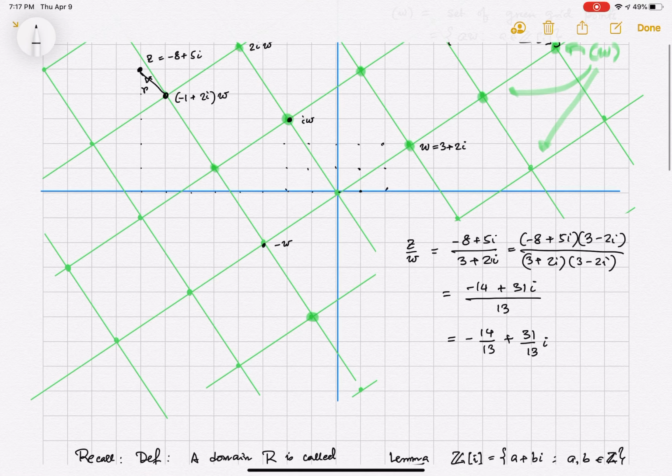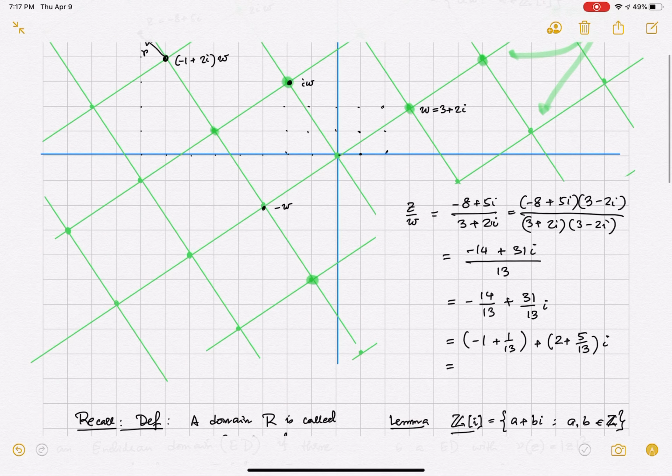Yeah, so those were the real linear combination. And now you take out the real part, and then break that into the integer part and the fractional part. So that's minus 1 plus 2i plus 1 over 13 plus 5 over 13 i.